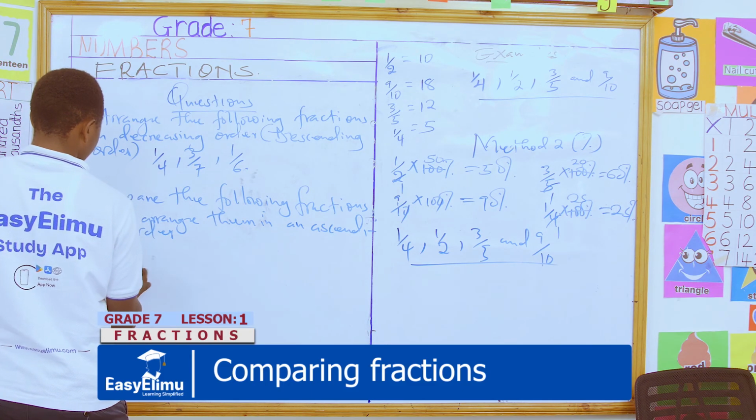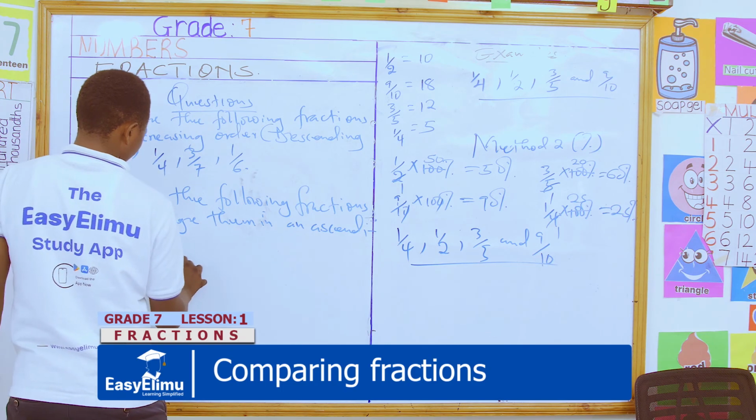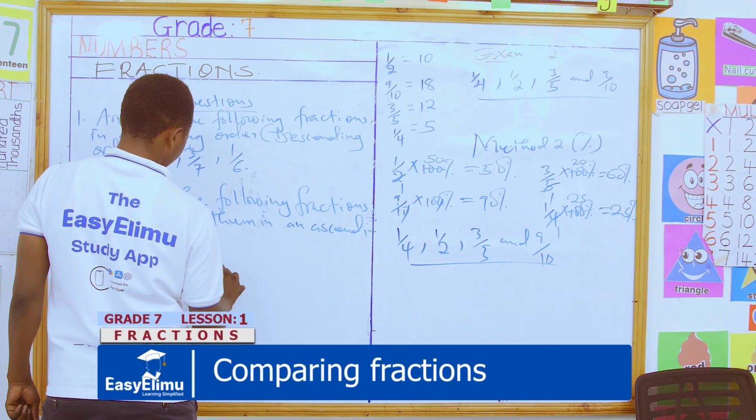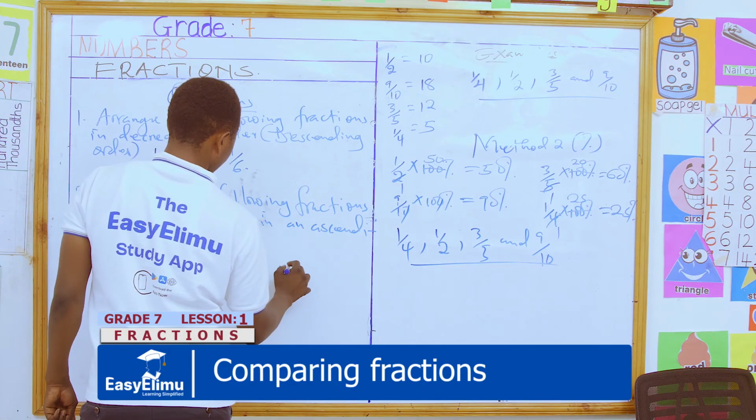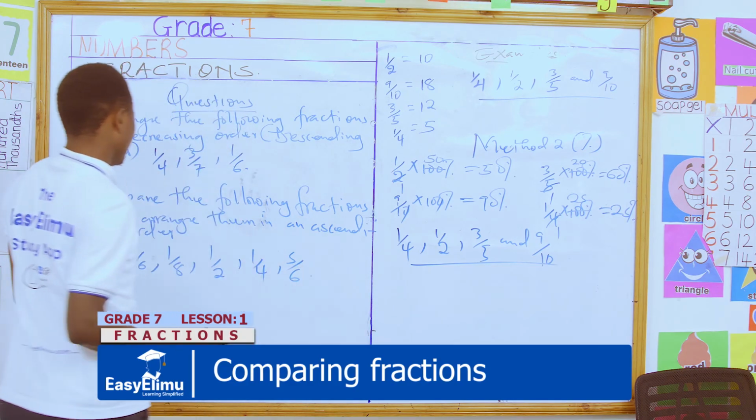So we have a third, a sixth, an eighth, a half, a quarter, and 5 over 6.